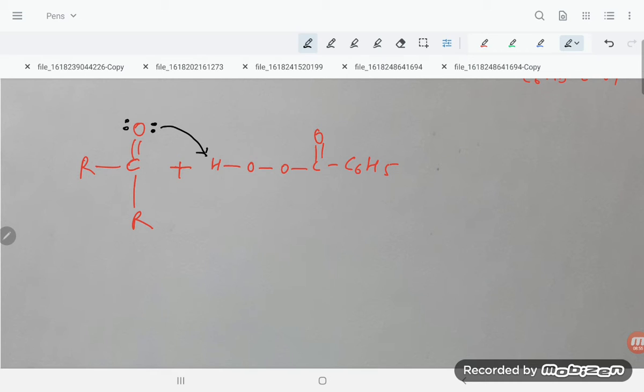Okay, so if this is accepting the hydrogen, what is going to be formed here?